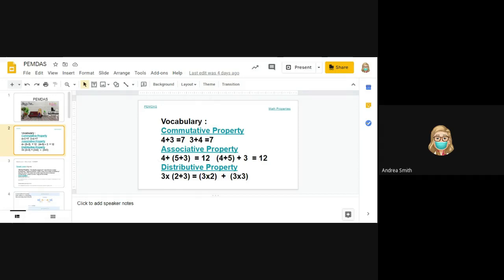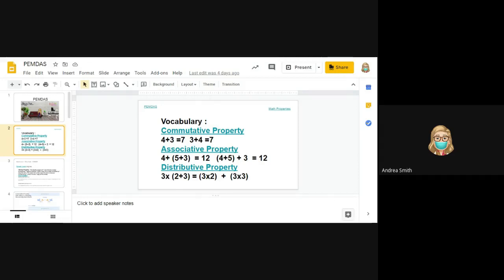So if I group the 5 and 3 together, do I still get the answer 12? Of course. If I change that and regroup and group the 4 and 5 instead of the 5 and 3 together, do I still get the answer 12? Of course I do. So the associative property, very similar to commutative.